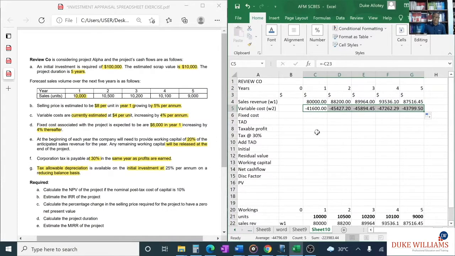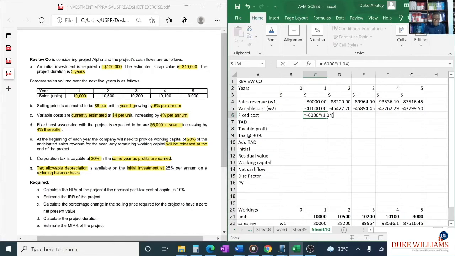Okay, so fixed cost. Now, with things like the fixed cost, I don't necessarily need to show workings. Because it's not related to the volumes, I can literally just put the fixed cost in there. It's expected to be 6,000 again in year one, just like the sales, increasing by 4% thereafter. So what I'm going to do, equal to, because I'm subtracting, I'm doing 6,000 multiplied by bracket 1.04.